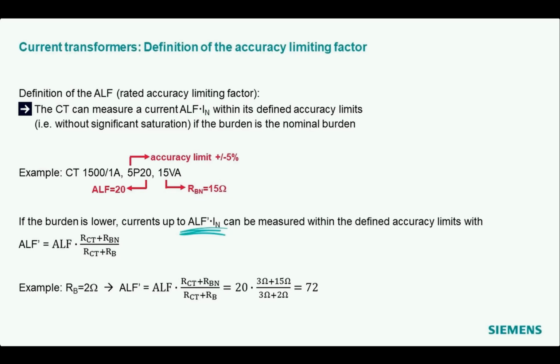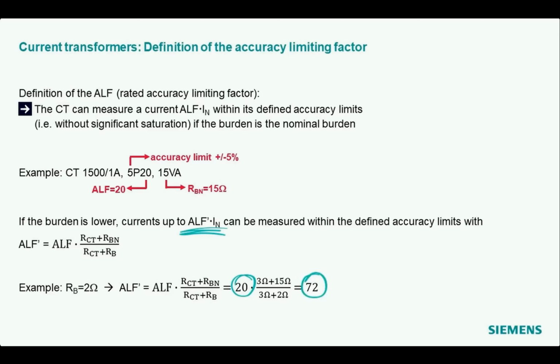If we, for instance, assume a rated burden of 2 ohms, an actual burden of 2 ohms, the effective or operational accuracy limiting factor is 20 multiplied by this ratio between winding resistance plus nominal or rated burden divided by winding resistance plus actual burden, and in our case the result is 72.